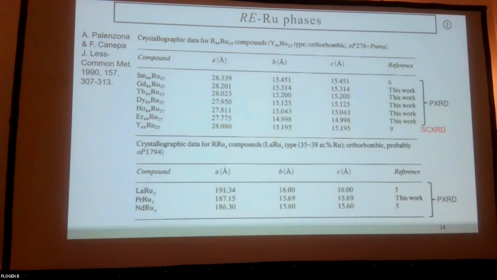One of the landmark papers for rare earth ruthenium systems was made by a group of Palazzona and Panama. What they found was firstly these rare earth 44 ruthenium 25 compounds, and for all the different rare earth metals, only one had its structure determined by single crystal diffraction.